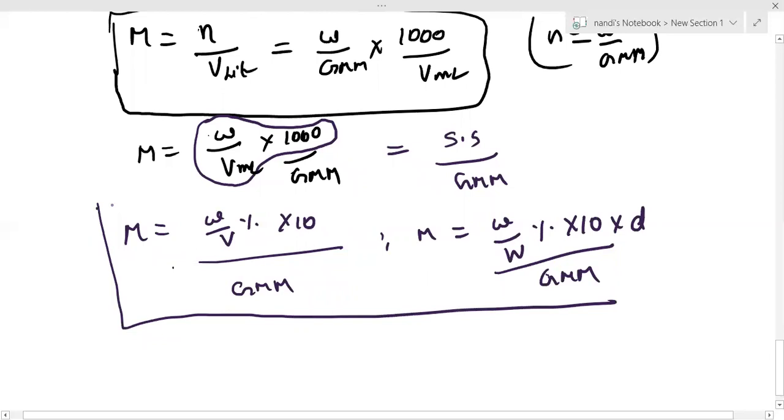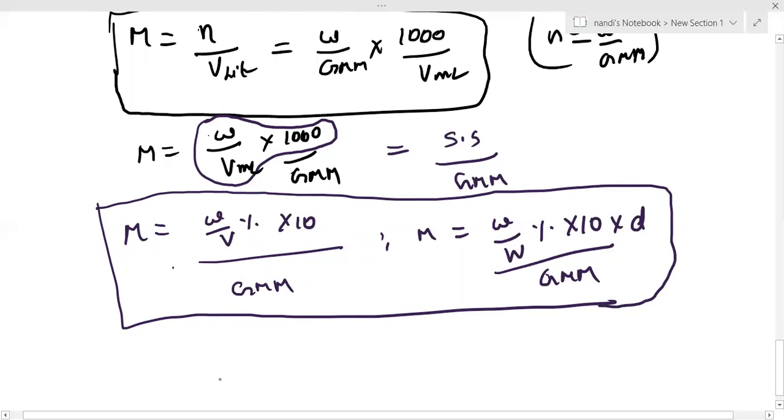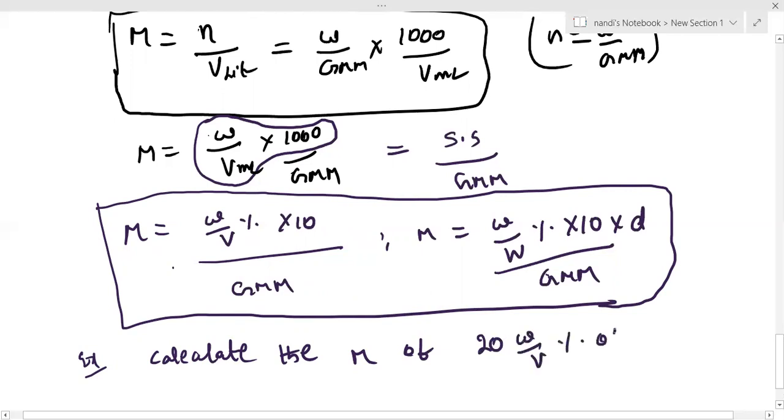You can try one problem. For example, calculate the molarity of 20 W by V percent NaOH solution.